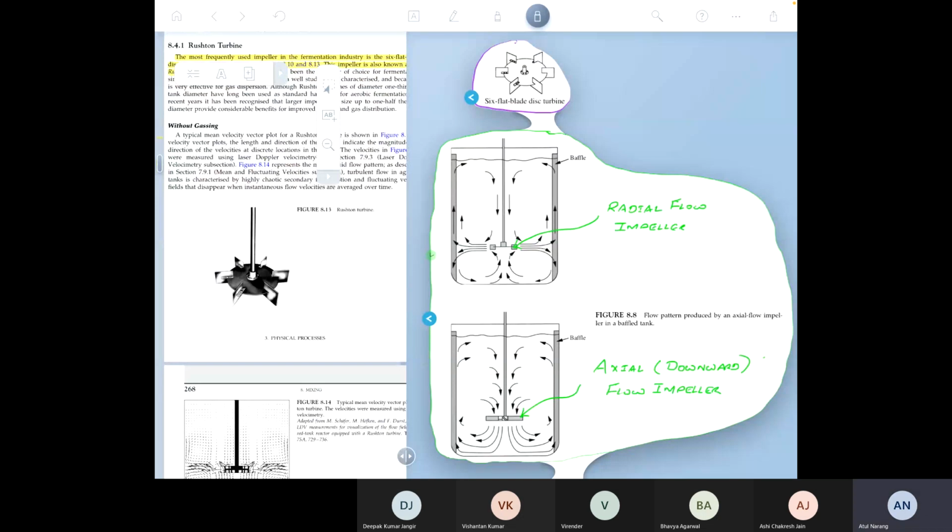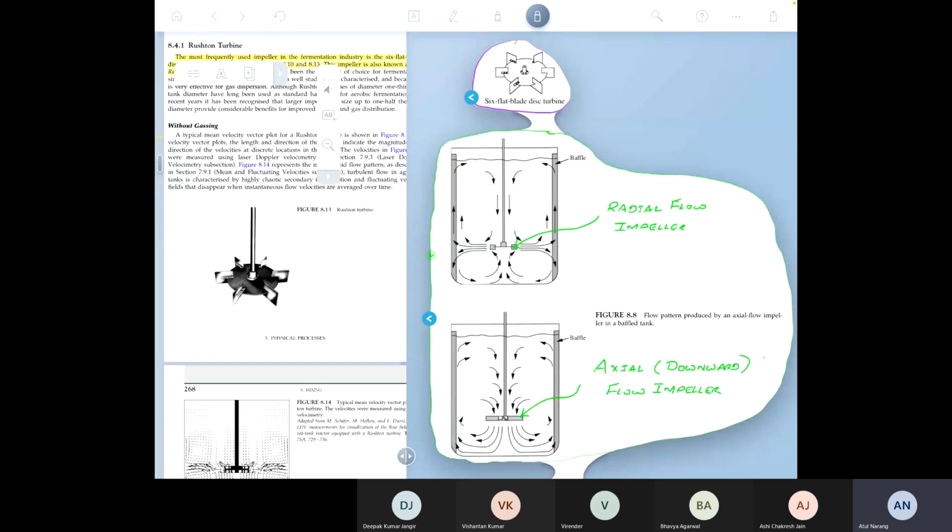Now, because these blades are flat, as the impeller turns, you can see that the liquid is pushed in the radial direction. Okay, so these are called radial flow impellers. The Rushton turbine or the six flat plate disc turbine is an example of a radial flow impeller.